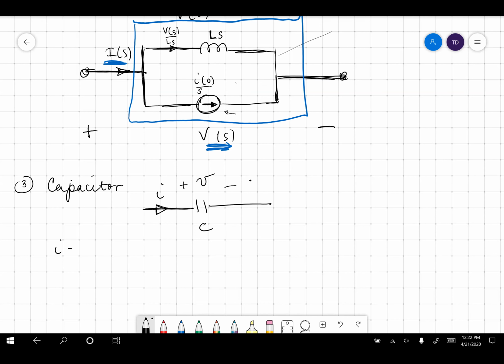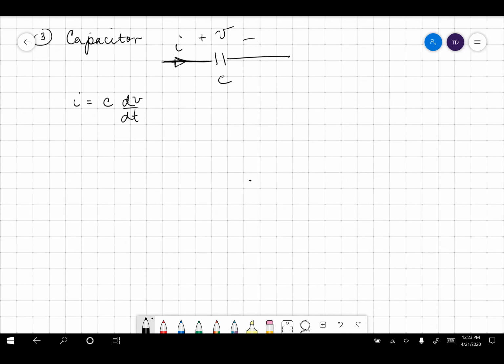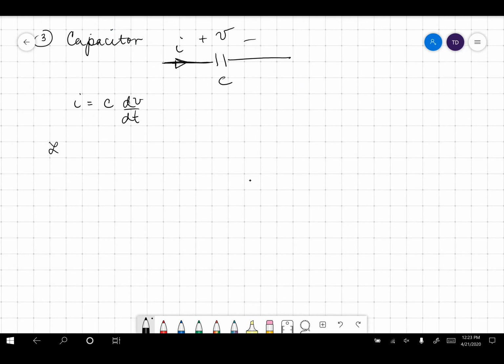So we know I equals C dV/dt. So when we Laplace transform both sides of this equation, we get the Laplace transform of I of t is equal to the Laplace transform of C dV of t/dt.